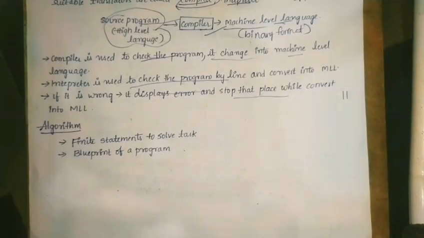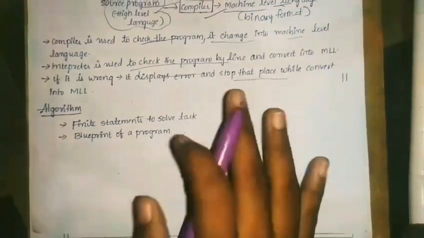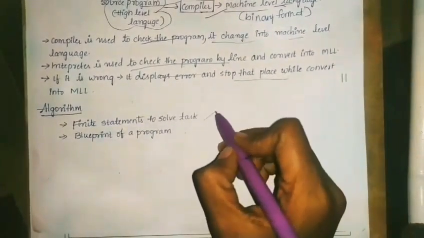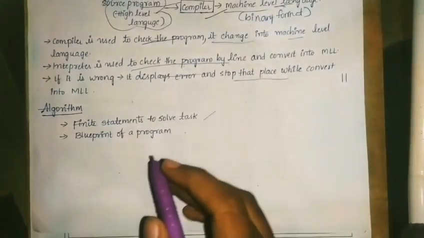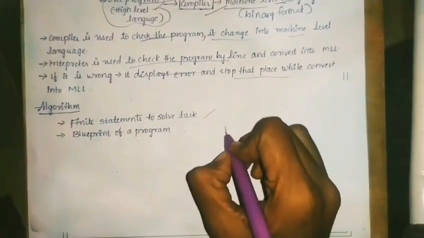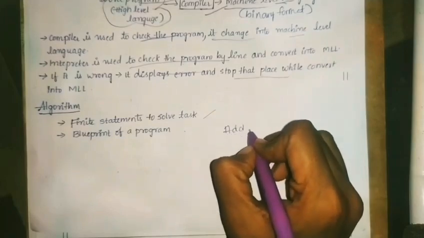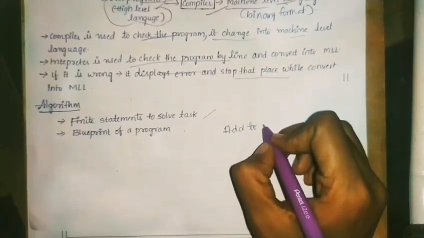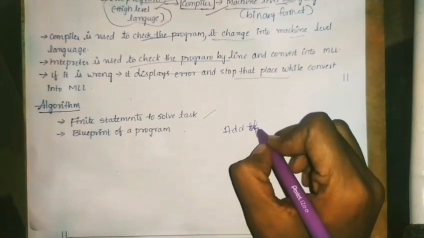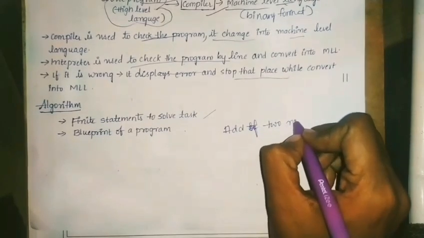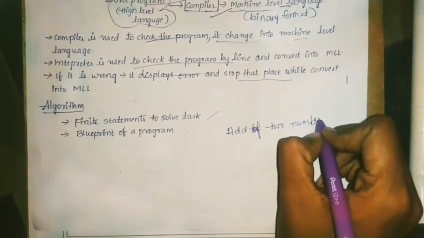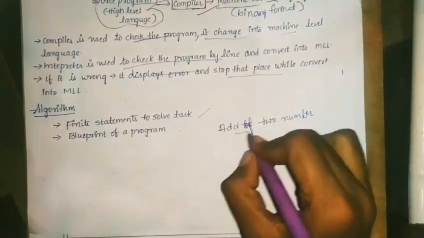Algorithm is a very simple topic. An algorithm is a finite set of statements to solve a particular task. Let's take an example, addition of two numbers. For this, we have some steps to solve the problem.